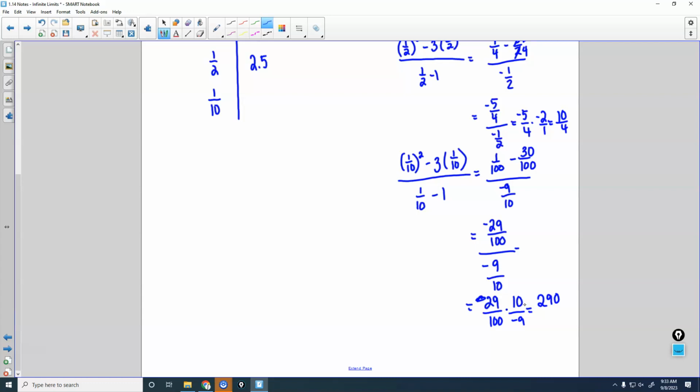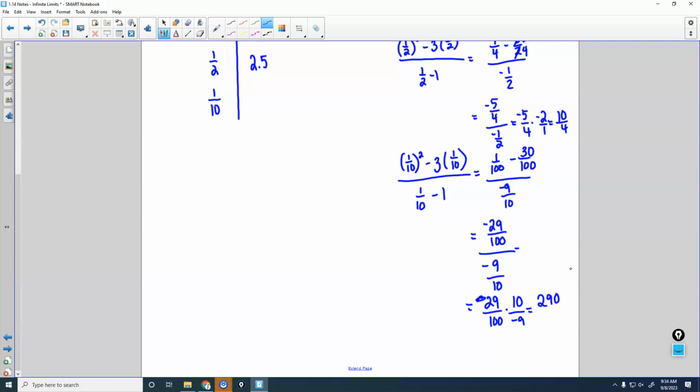It's negative 9/10, right? It'll be 10 over 10. So I feel like we should get a bigger number, but we're going to get a number that's smaller than 2.5. Oh, gosh, yeah. That's my problem.